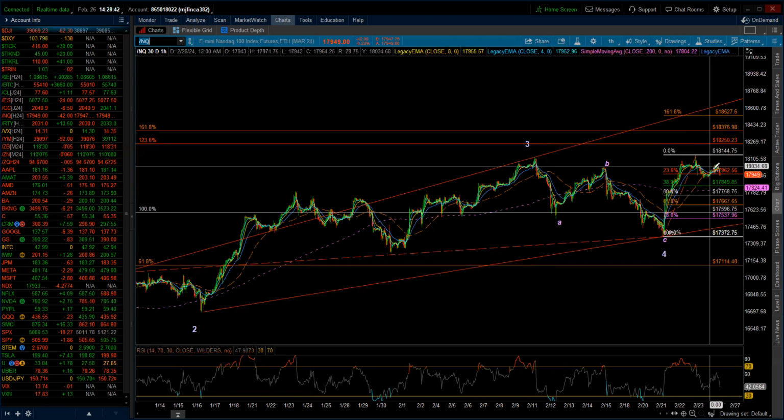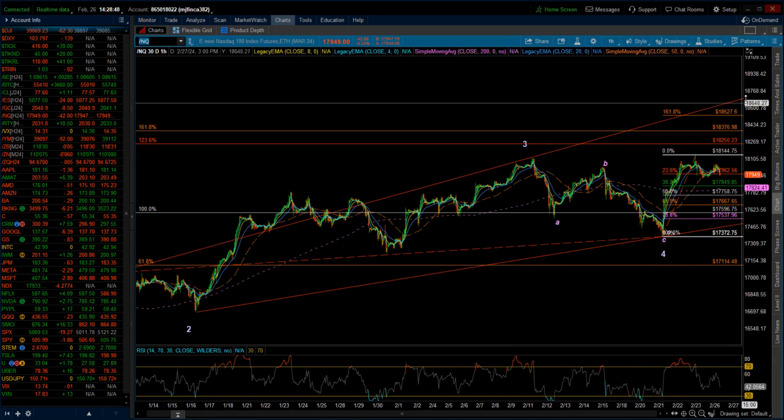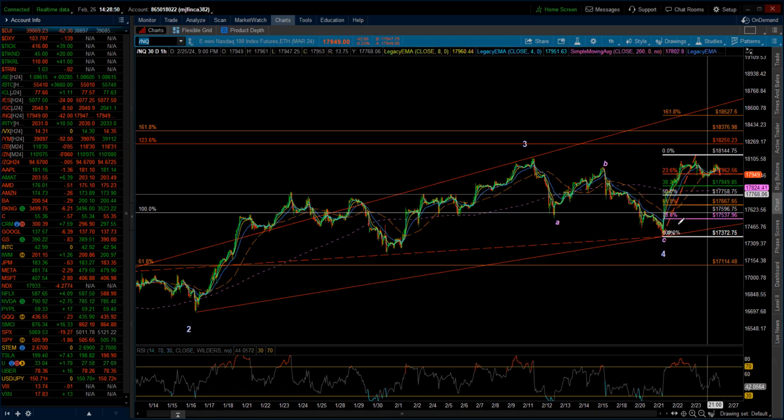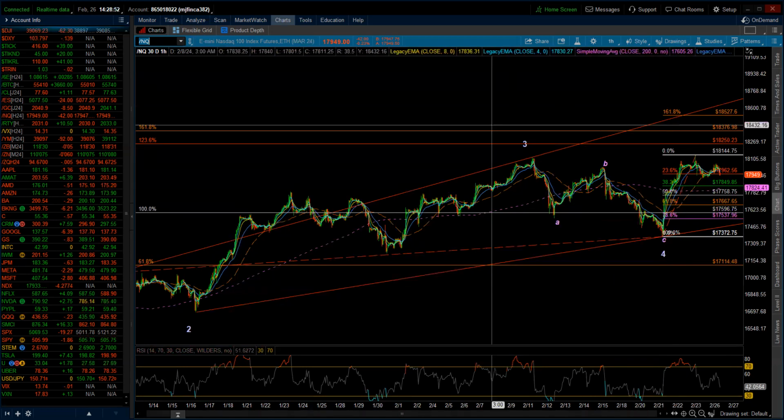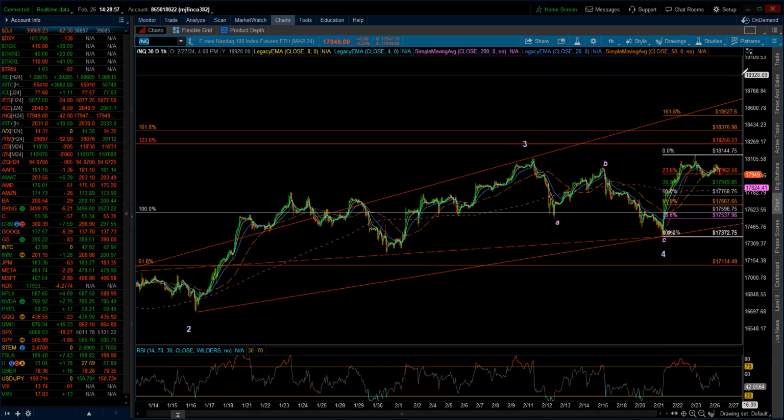So depending on how far over we go, will depend on how far it moves in that diagonal type of shape. And again, it's an expanding one. So I'm not looking for it to go all the way to the moon, unless you're going to use the alternate count, which Sasha presented on Saturday, that it's just a regular 5-wave structure. Then you've got that other stronger move potential.